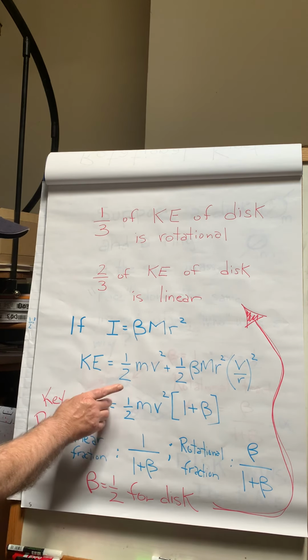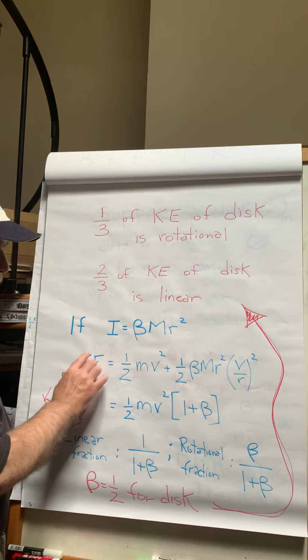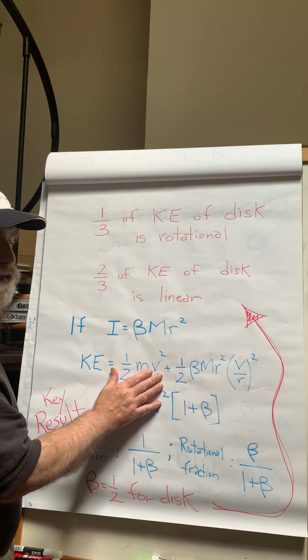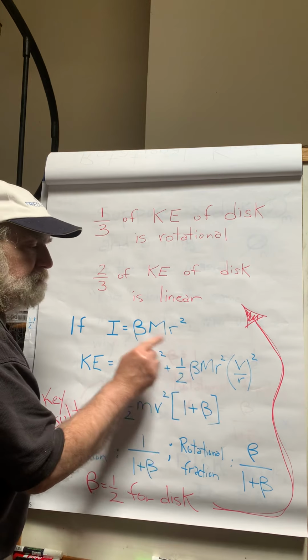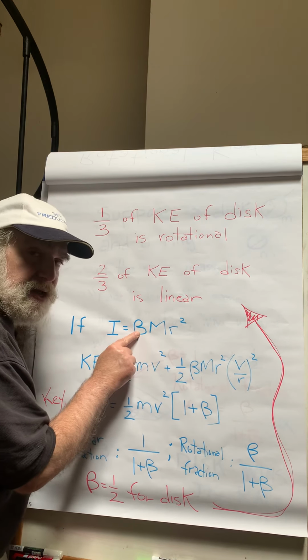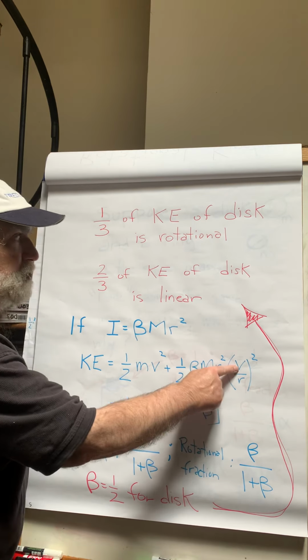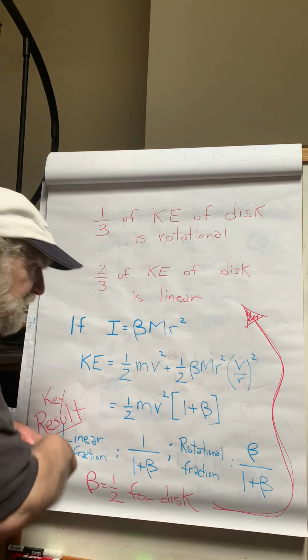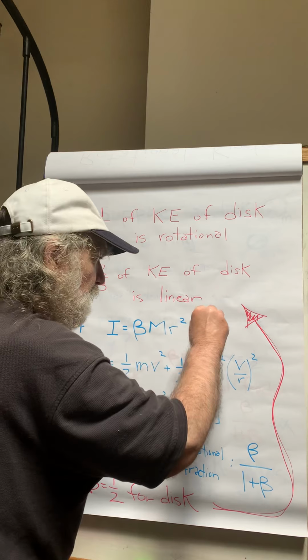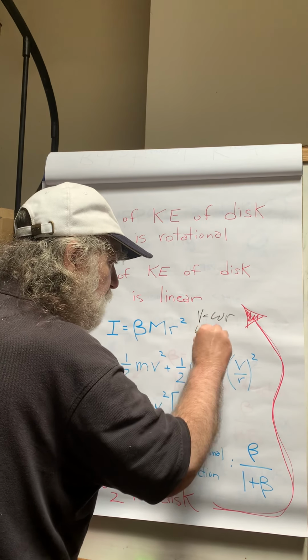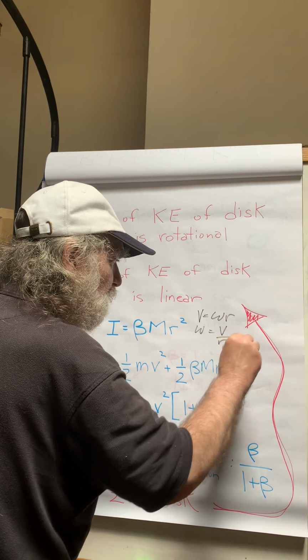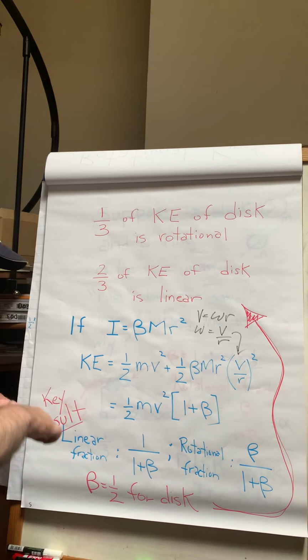So in any case, the kinetic energy would be 1/2 mv squared plus 1/2 some constant that I call beta, the second letter of the Greek alphabet, times mr squared, times omega squared. And remember, since v is equal to omega r, omega is always v over r, and I've substituted that in here.